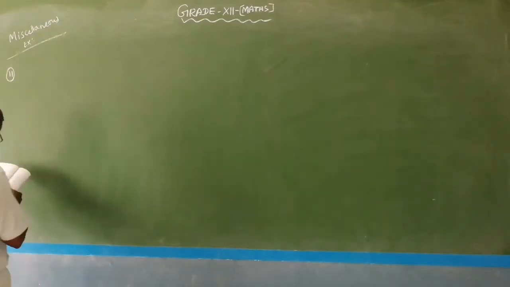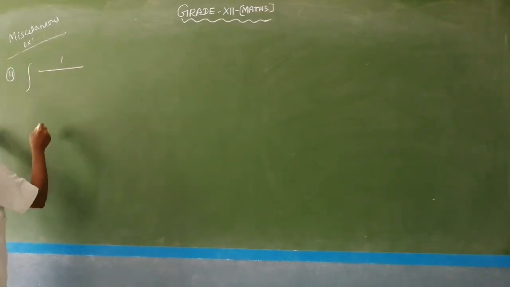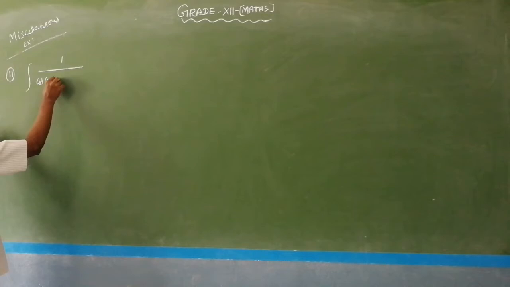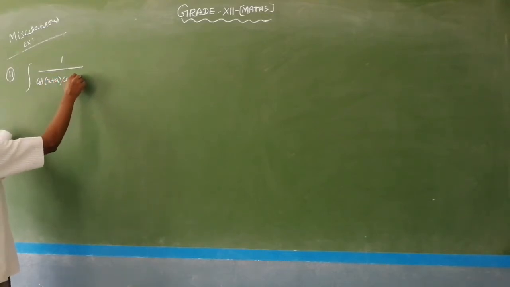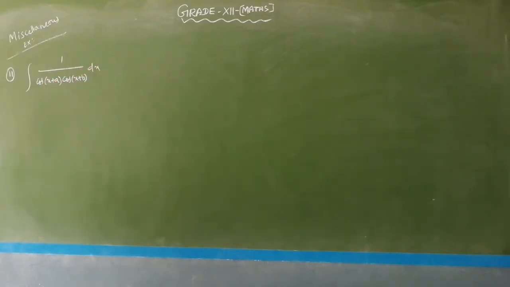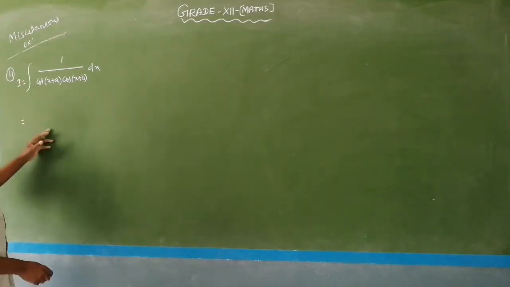Next to question number 11, we are given integral 1 by cos of x plus a into cos of x plus b into dx. There is an example of the same model. Now, you might have seen that, otherwise I will explain it now.